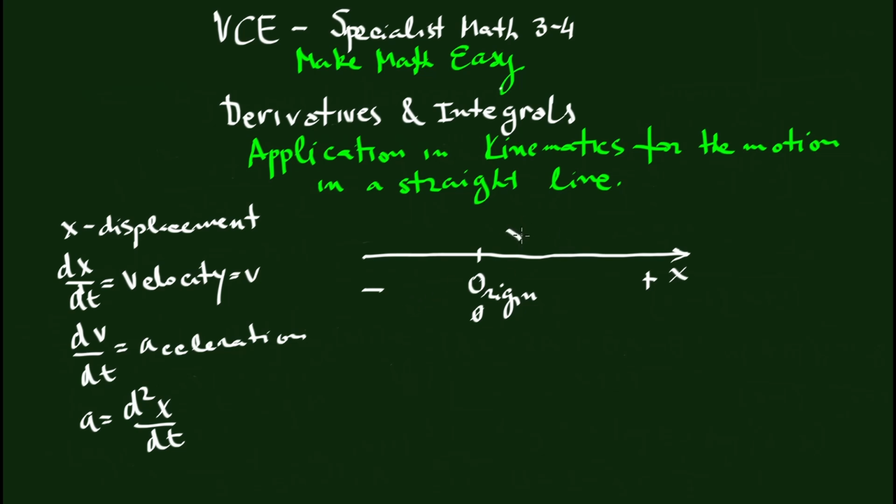So if x is greater than 0, that means that, let's say this is a point called P, that a particle or whatever is located to the right of the origin. It's right side of origin.